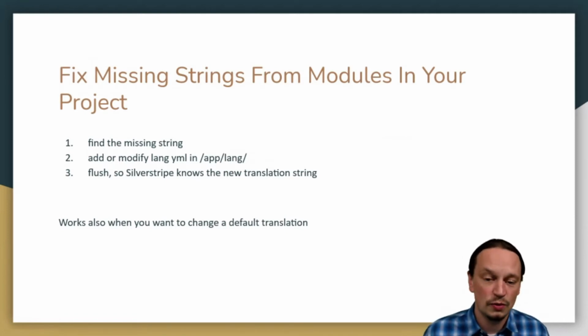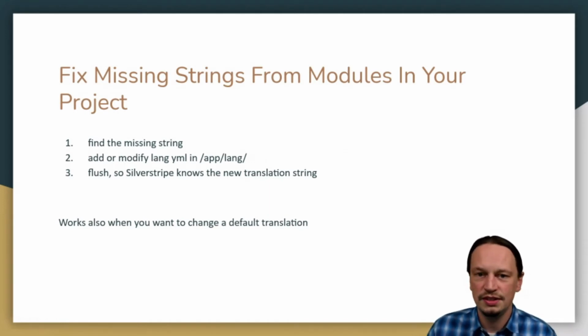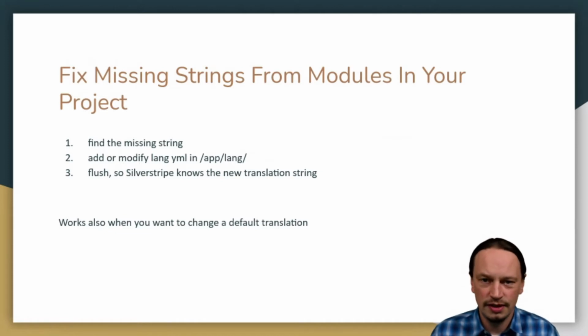When you add a language string in your own app directory, it overrules the language string from the modules. And this way you can either overrule a language string, or you can add a missing language string in your code without actually changing the module.